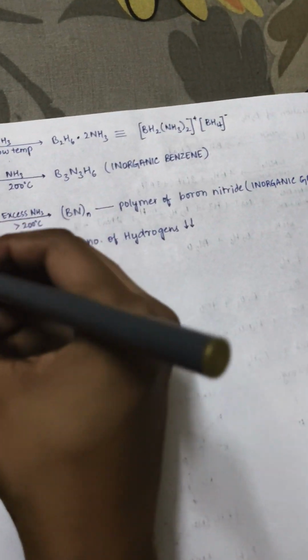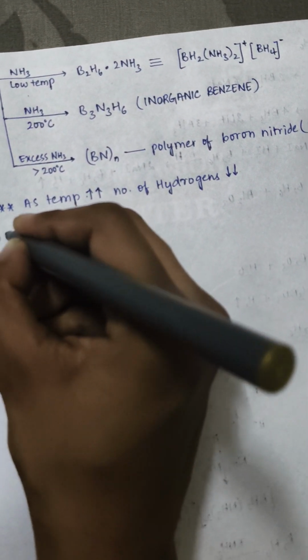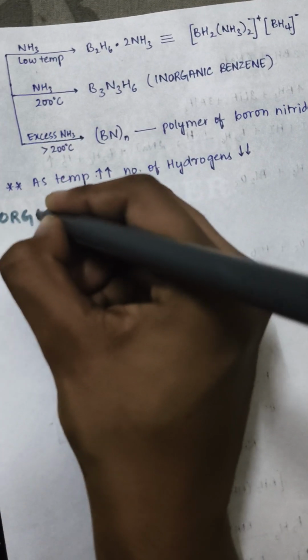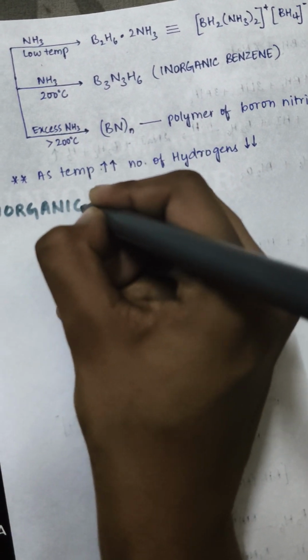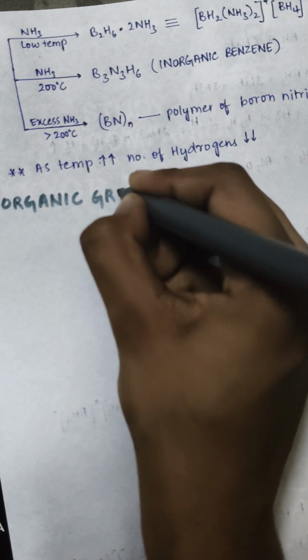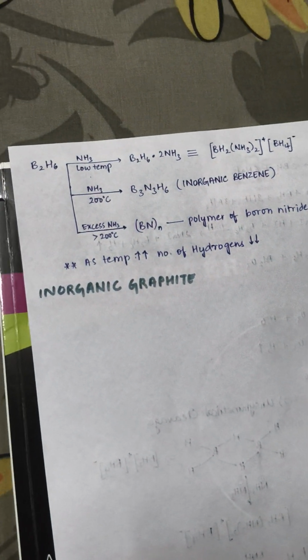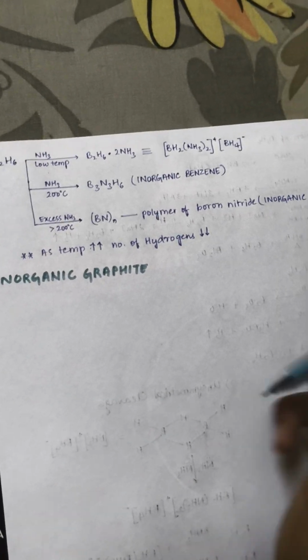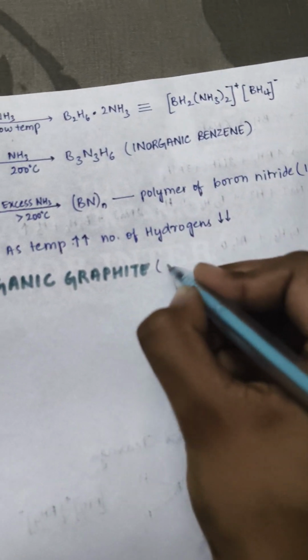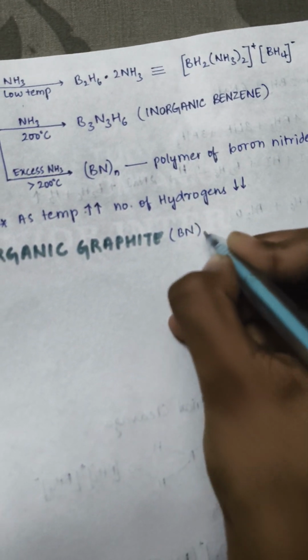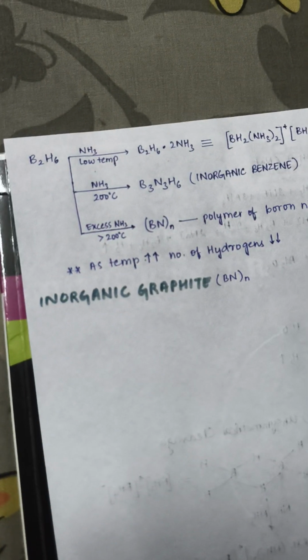Now about that inorganic graphite. This is basically (BN)n. It can be lakhs, whatever.